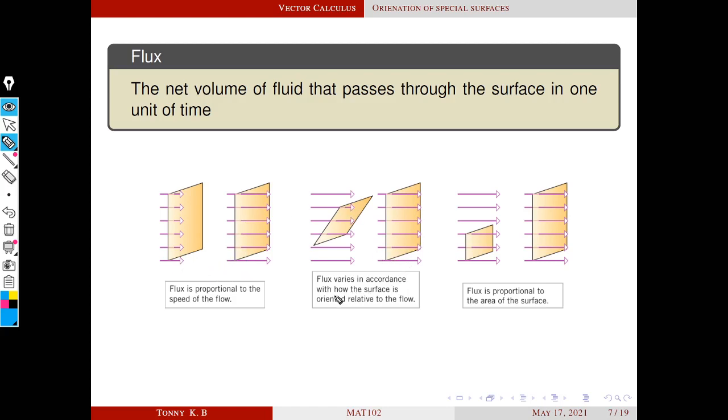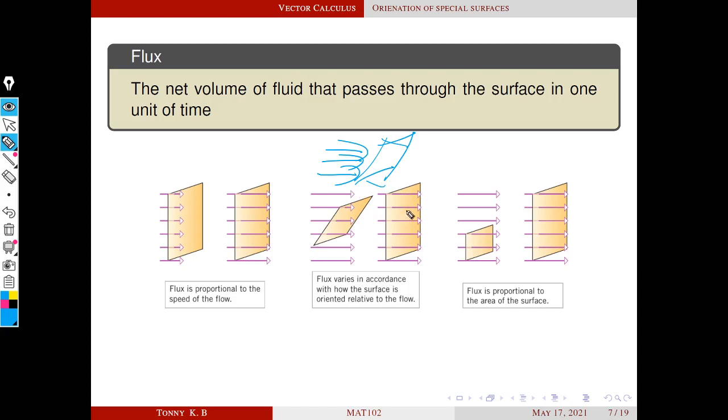Then the next one is that flux varies in accordance with how the surface is oriented. That means flux depends on the orientation of the surface. Suppose this is our direction of flow and the surface is slanted. Then it is clear that the flux is comparatively less.